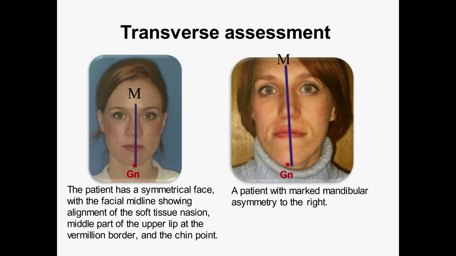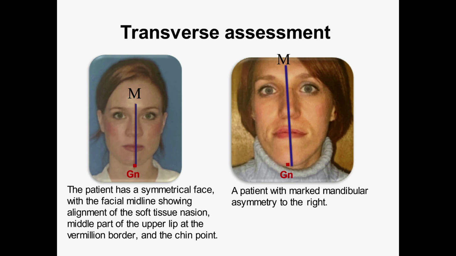The soft tissue lesion, middle part of the upper lip at the vermilion border, and the chin point should all be aligned. In this photo, the patient has a symmetrical face with the facial midline showing alignment of the soft tissue lesion, middle part of the upper lip at the vermilion border, and the chin point.